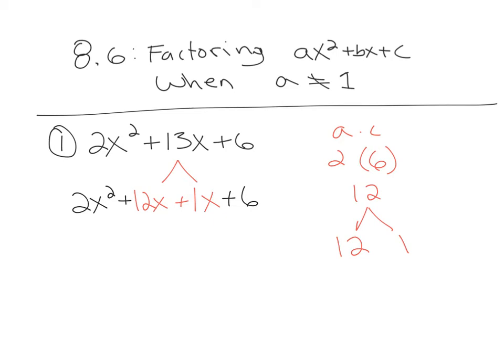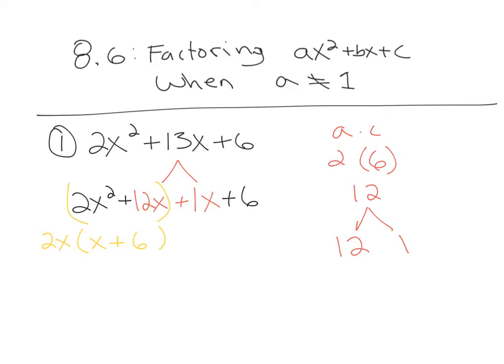Now, this should look very familiar, and it should look like factoring by grouping, what we just did last night. So if I were to group my first two terms together, 2x squared plus 12x, I need to decide what those two terms have in common. Well, their greatest common factor is going to be 2x. Now, what remains is going to be an x plus 6.